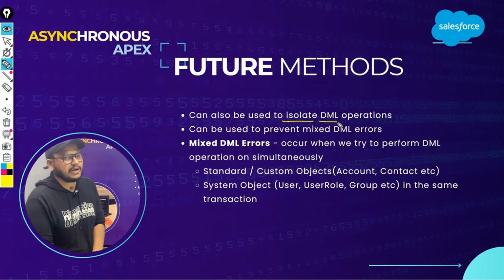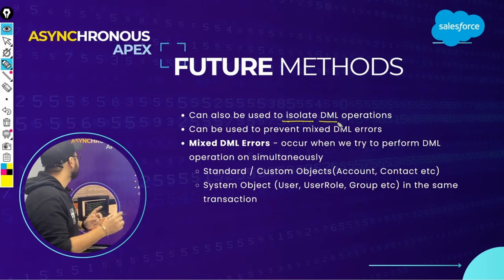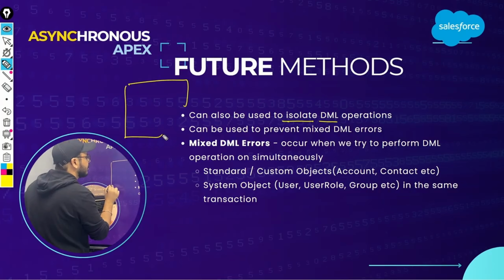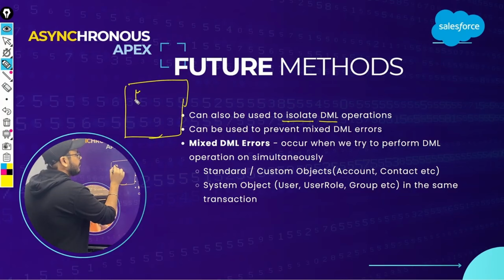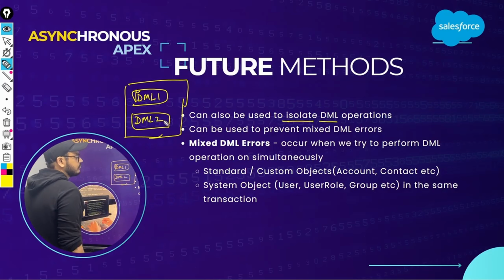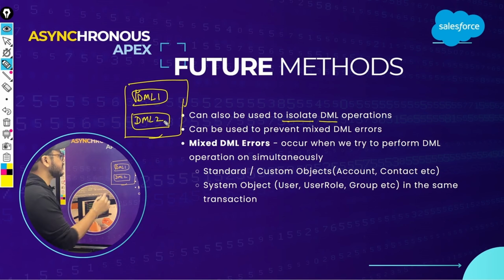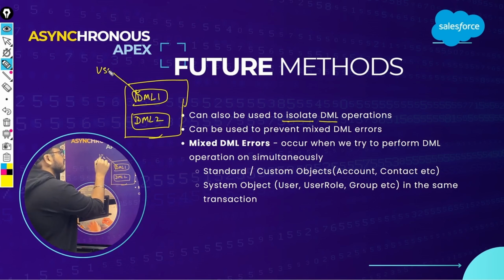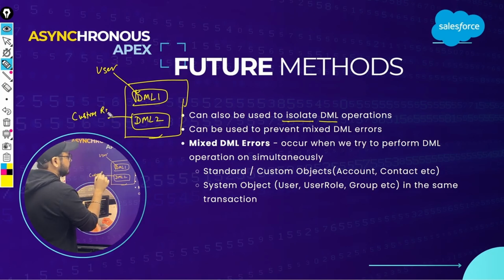So isolating DML operation means, if this is my code and if I'm trying to perform, let's say DML1 and DML2, then let's say if I want to create a user and then I want to create a custom record in a custom object. Let's say DML1 is create a user, DML2 is create a custom record.